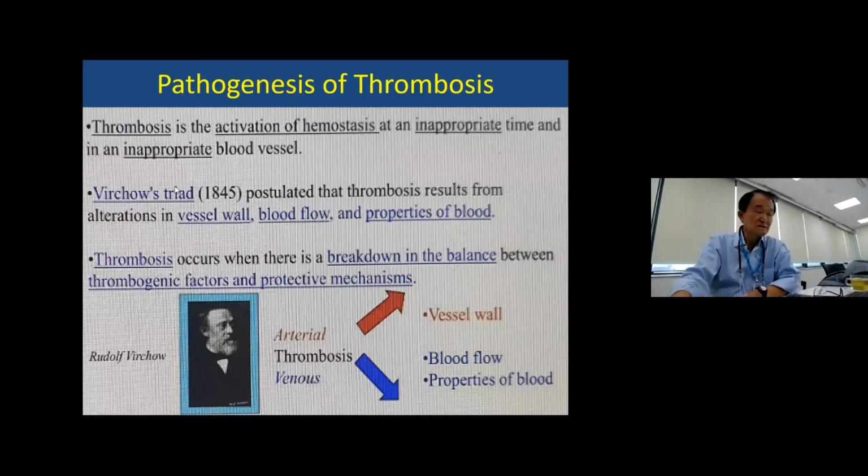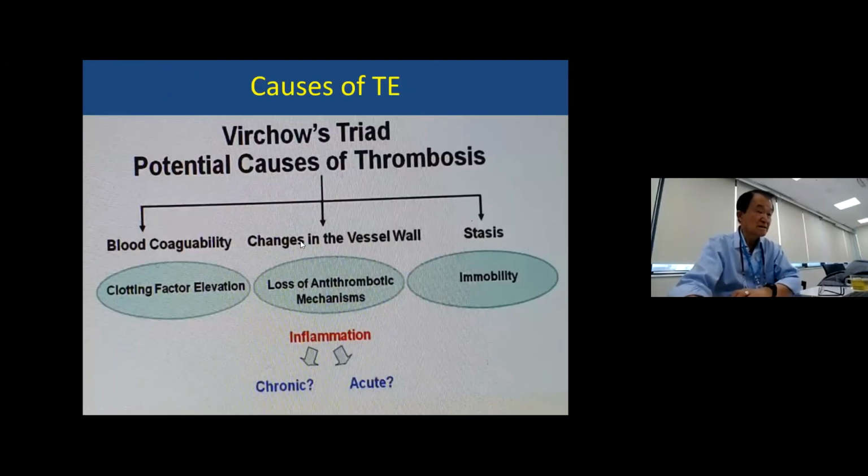This is just like any other disease process, there is some homeostasis of many factors, balanced. So if the balance cannot be maintained, then there is a thromboembolic process in the body system. So again, immobility, stasis is a major one.